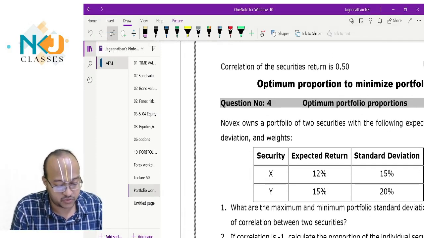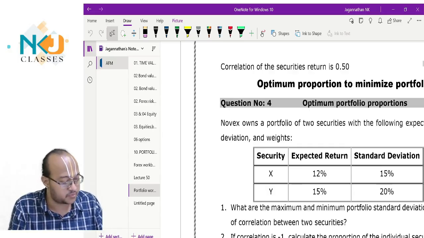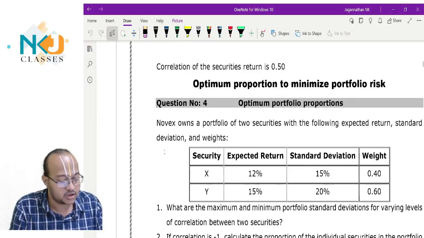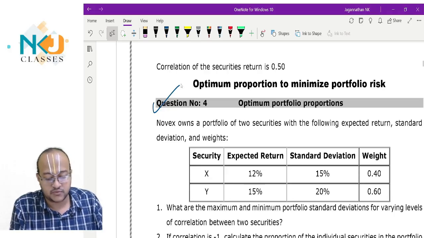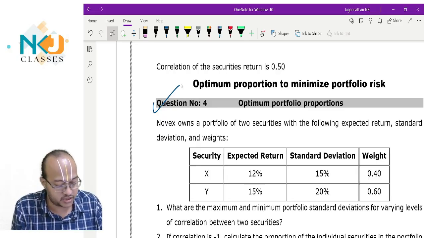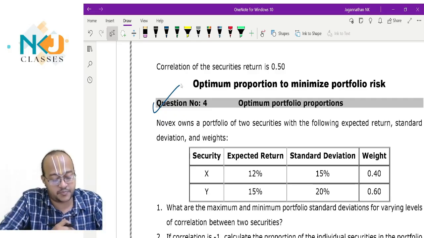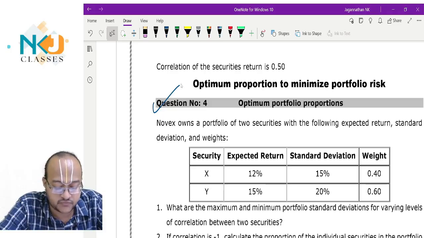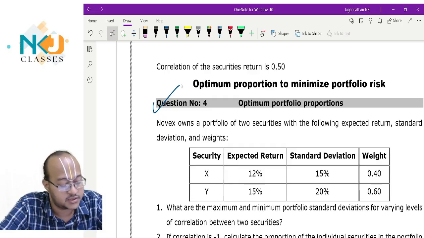Yes, sir. Take question number 4 for discussion. Optimum portfolio proportion. Novex owns a portfolio of two securities with the following expected return, standard deviation and weights. Securities X and Y. Expected return is 12% and 15%. Standard deviation for X and Y is 15% and 20%. Weight given for these individual securities inside the portfolio is 40% and 60%.